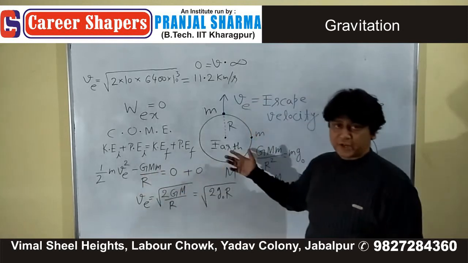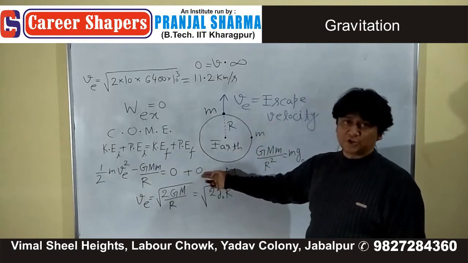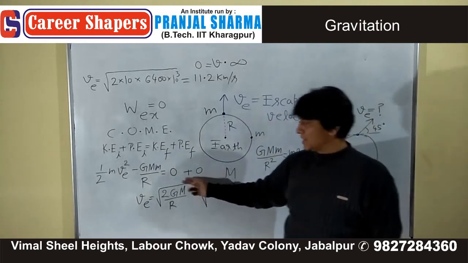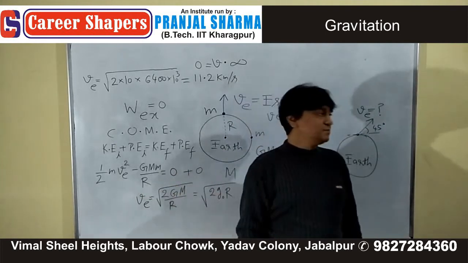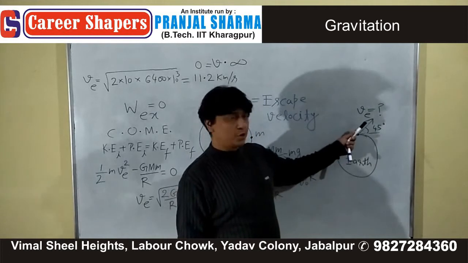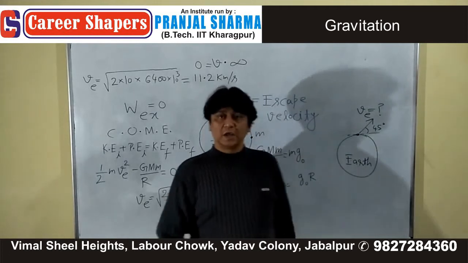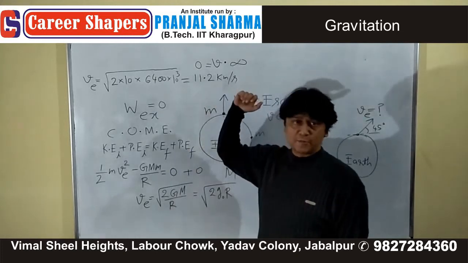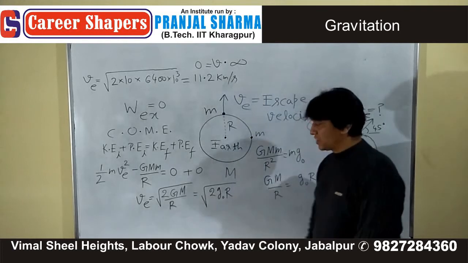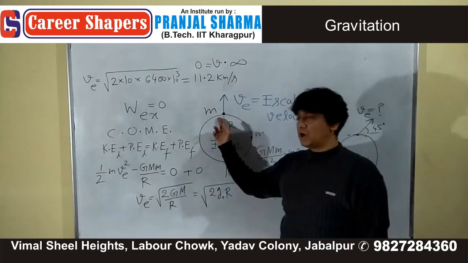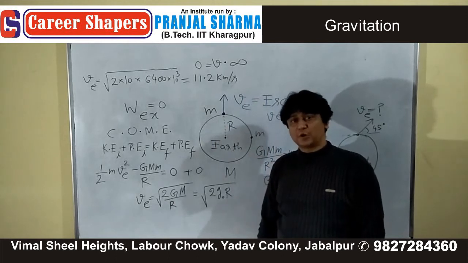And once it reaches infinity, gravitational potential energy becomes zero, and kinetic energy becomes zero. Therefore, it doesn't matter at what angle you project your projectile, ultimately escape velocity is 11.2 kilometers per second. That means escape velocity doesn't depend upon the mass of the projectile as well as its direction of projection.